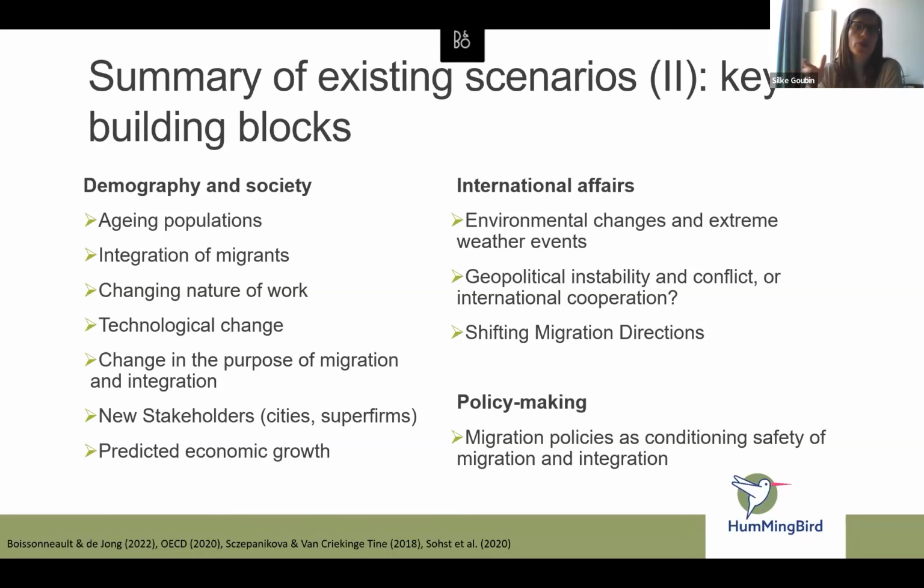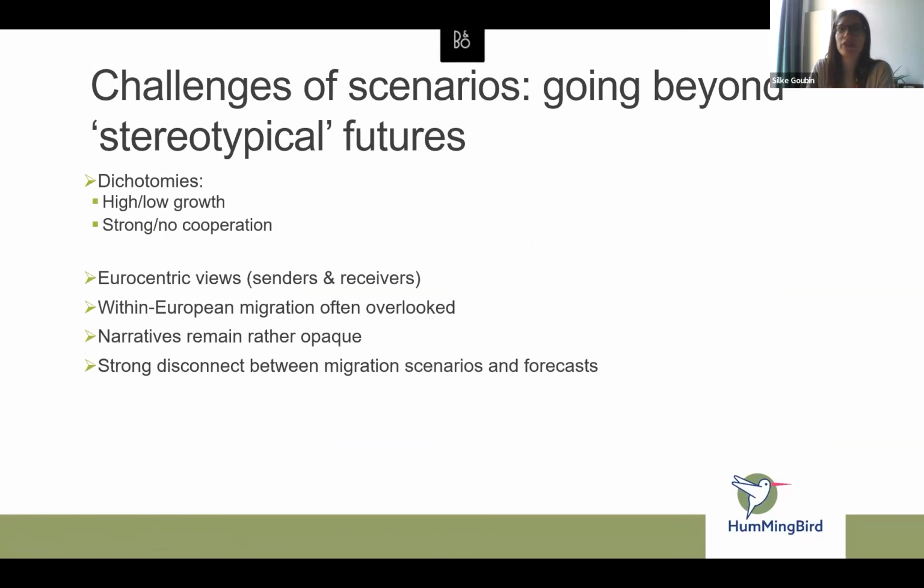All scenarios also assume to some degree that there will be new stakeholders, like cities, super firms, that will play a bigger role in determining the shape of migration in the future. But as I have only 10 minutes, I will not go more into detail about that.